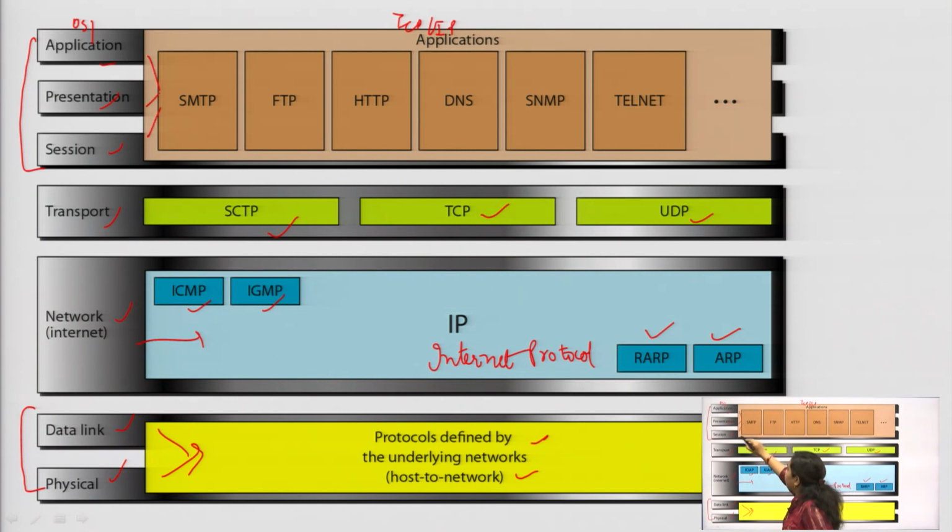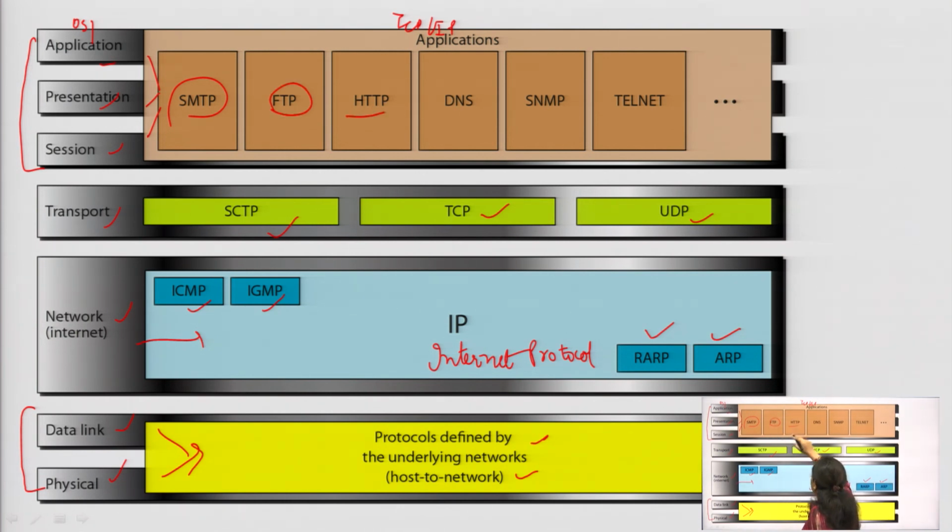You can see over here, this is SMTP, the first application, known as simple mail transmission protocol. Whenever you want to transmit any mail, any email in the form of text information, that is known as the simple mail transmission protocol. Next is FTP, that is file transmission protocol.